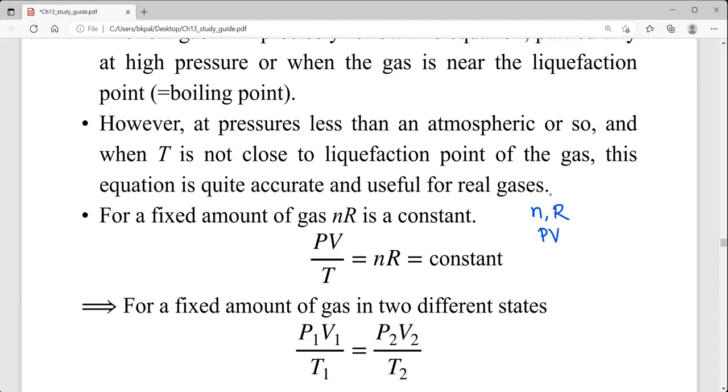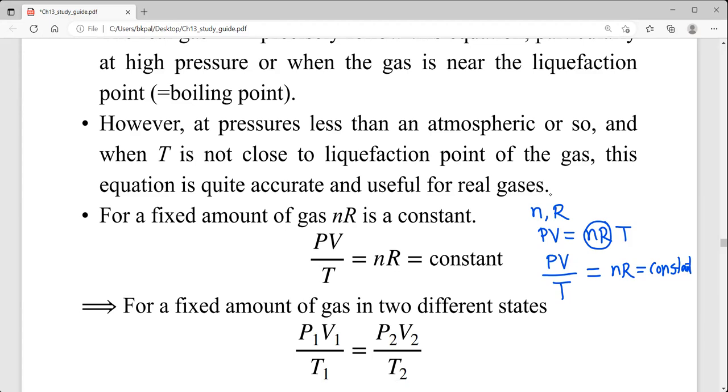Then PV equal to nRT. In this equation, n times R is constant because it's for a fixed amount of gas. Then we can write this equation as PV over T equal to nR, and nR is a constant.